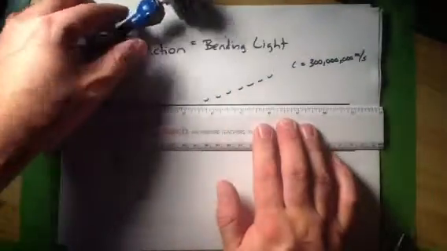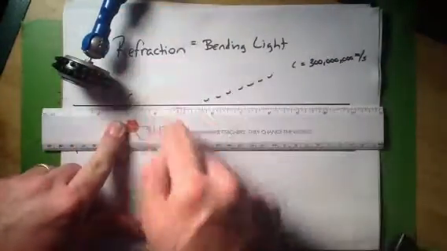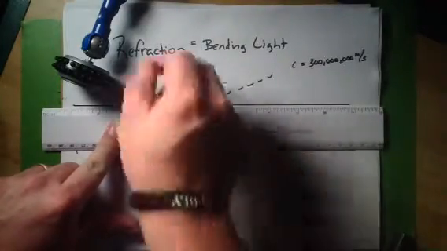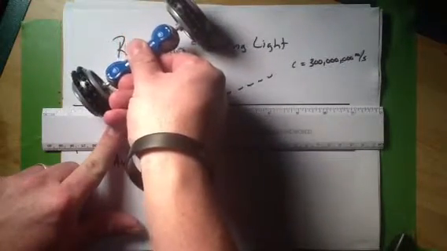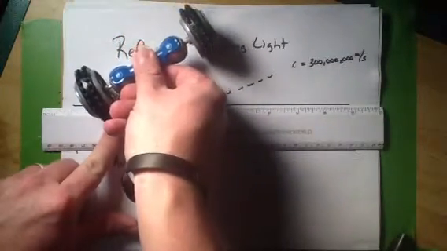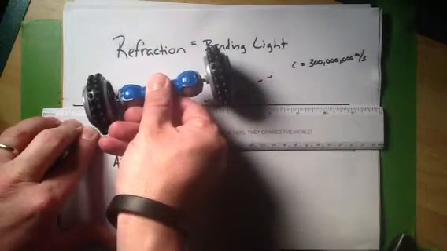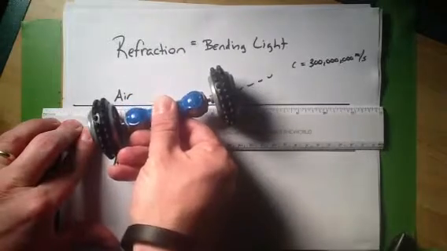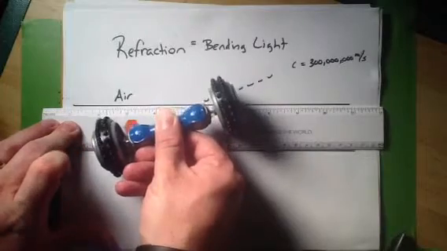Another example, say these wheels are part of a wagon, and say this ruler is sand and this is concrete and this is concrete down here. If these wheels were to hit the sand, then the wheel that hits the sand first is going to go slower than the wheel on concrete and naturally curve a little bit. When they come out, this wheel down here is going to come out first.